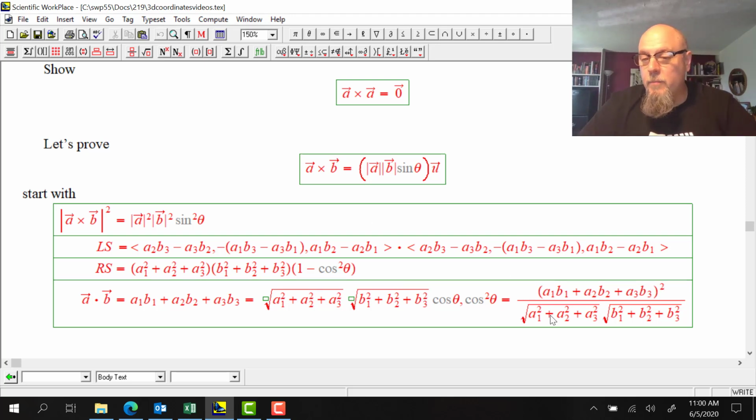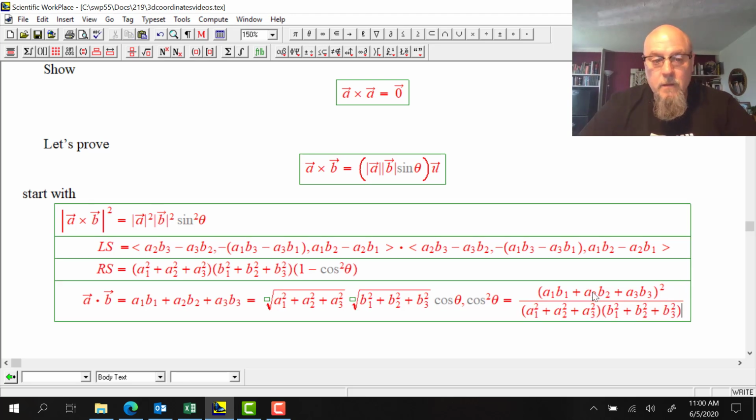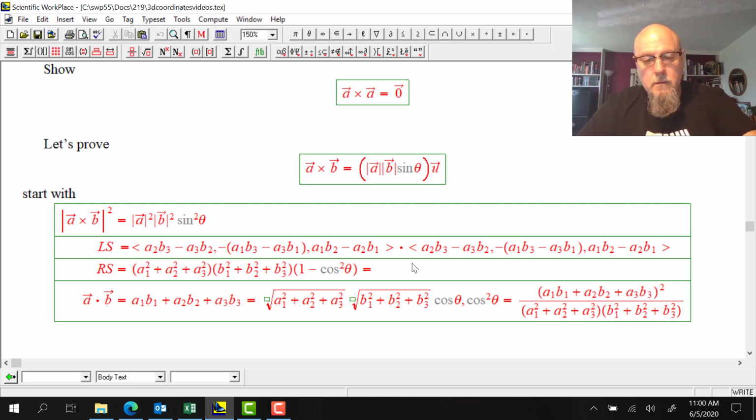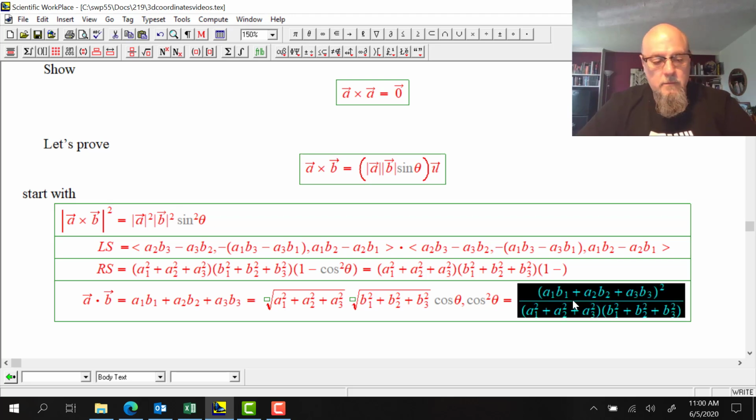Oh, nice. Squaring both sides gets rid of those square root signs. That's what I get. Okay, that means I can write this right side, instead of writing cos squared, I'm putting in this piece here.